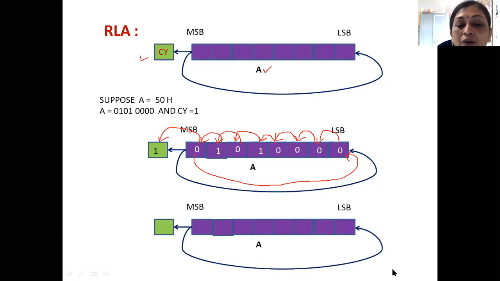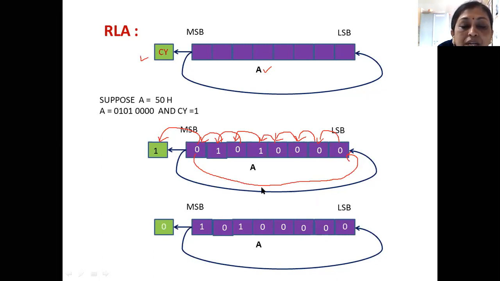Now let us see how it happens. Here we can see this LSB is going to the next bit position. Again, this next 0 will be going to the next position. So 0, again 0. Now here there will be 1, here there will be 0, here there will be 1. And earlier 0 was here, but now this 0 will be shifted to the carry flag, and at the same time it will be shifted to LSB.